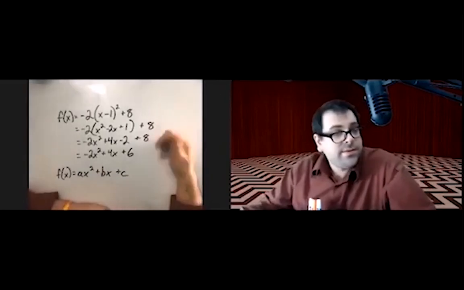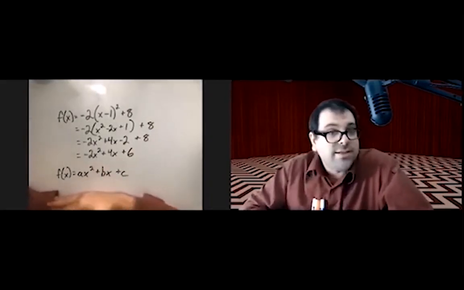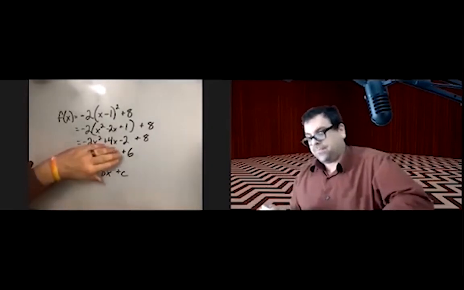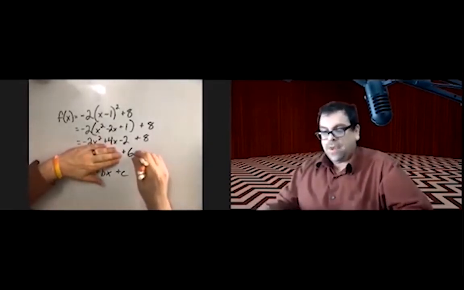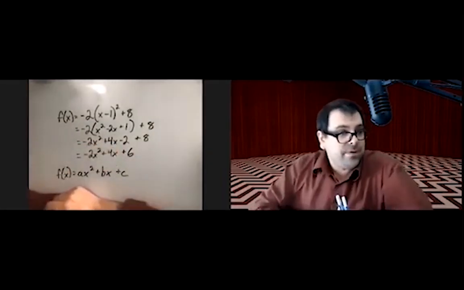Some of the things are easier to find this way. For instance, if I'm plugging 0 in for x, I can see that we get that y-intercept of 6 pretty quickly.